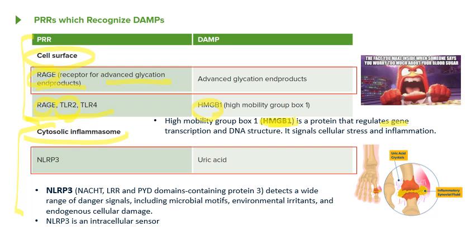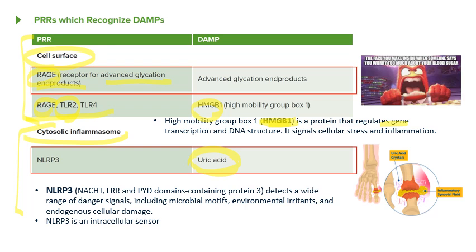importantly, it recognizes some crystals of uric acid that are not supposed to be floating in the cytoplasm. Because when you have crystallization of uric acid, that means something is going on with too much degradation of purines. Remember, purines are building blocks of DNA and RNA.